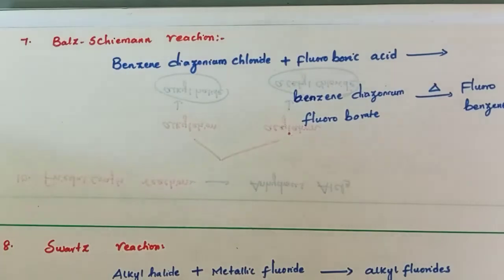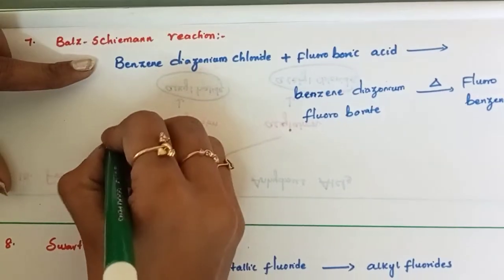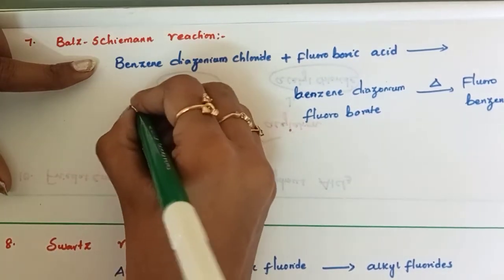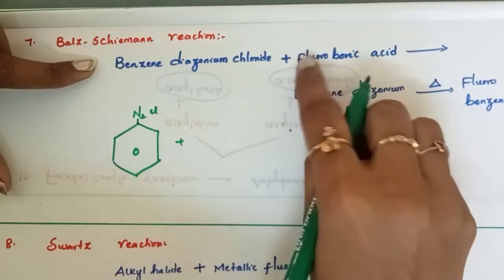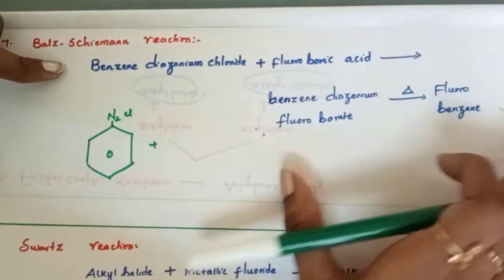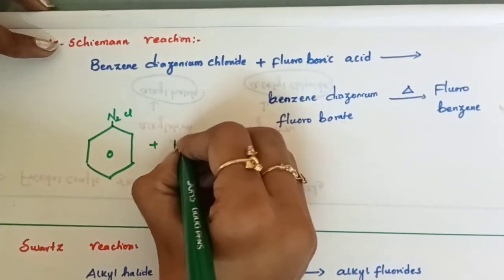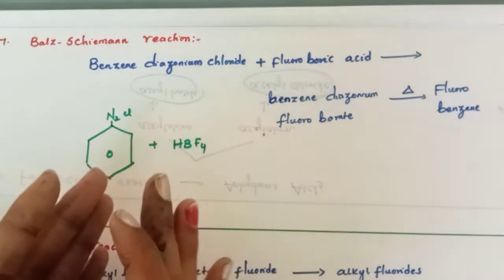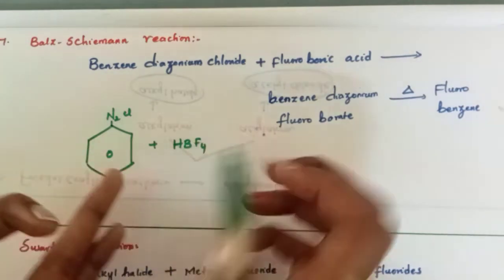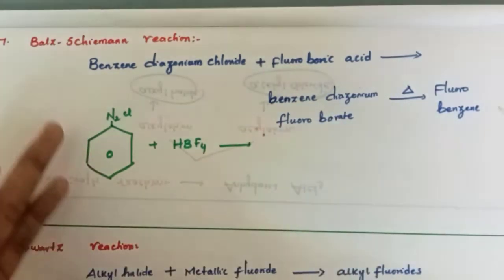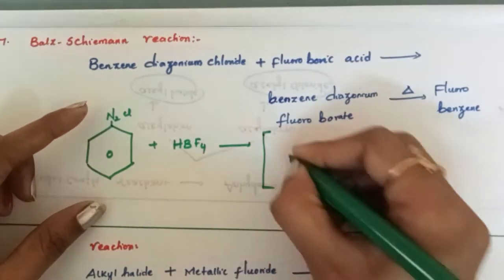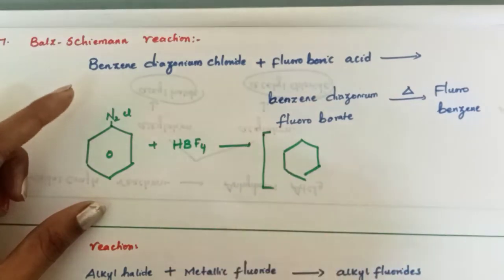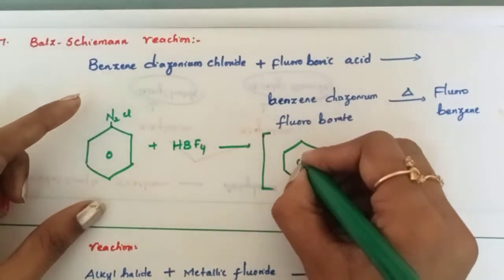In case of Balz-Schiemann reaction, here benzene diazonium chloride which on reaction with fluoroboric acid, HBF4, your product as an intermediate compound, benzene diazonium tetrafluoroborate, is obtained.